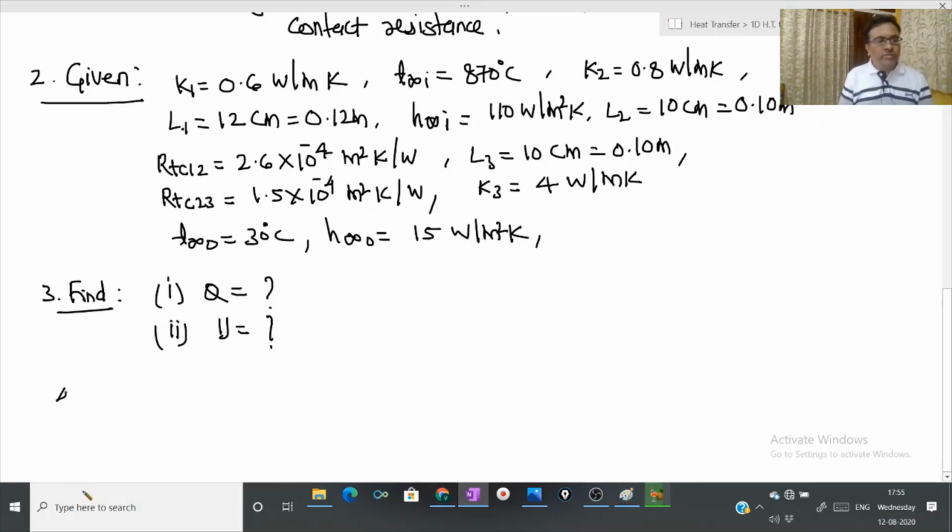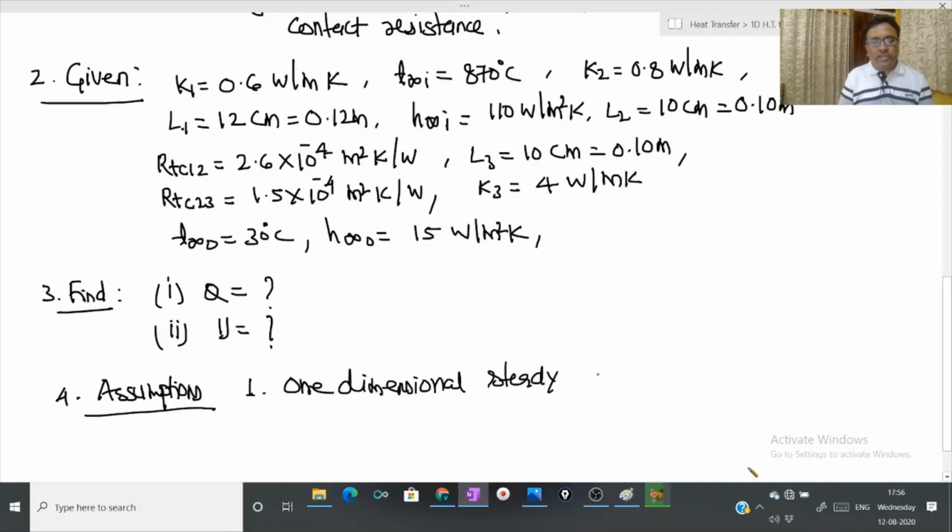The fourth step is to write down all the assumptions involved. So number one assumption is one-dimensional steady state heat transfer, because it is a combined mode of heat transfer by conduction and convection.